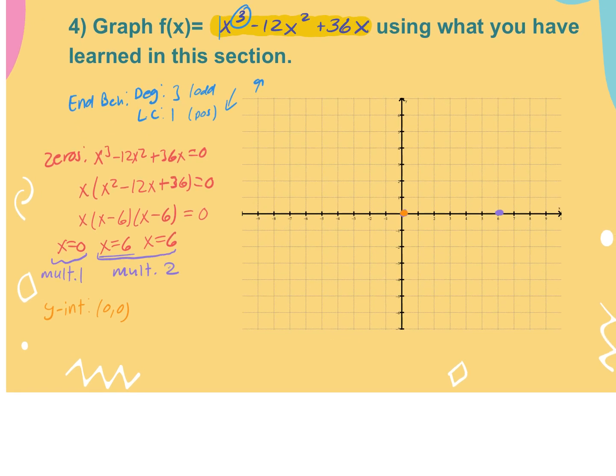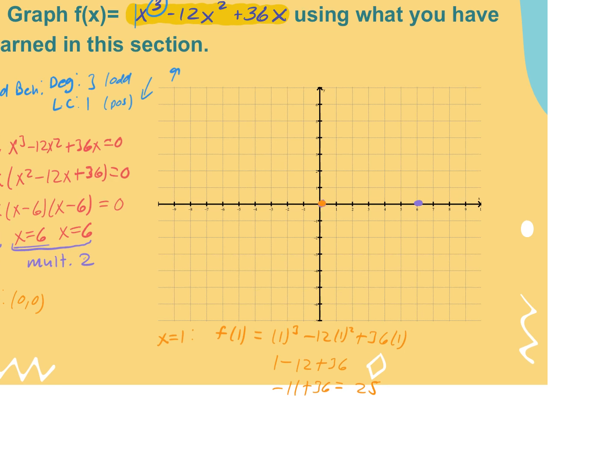So I'll start with maybe x equals 1. So f of 1 is going to give us 1 cubed minus 12 times 1 squared plus 36 times 1. And so we get 1 minus 12 plus 36. 1 minus 12 is going to get us negative 11, and negative 11 plus 36 is going to get us 25.